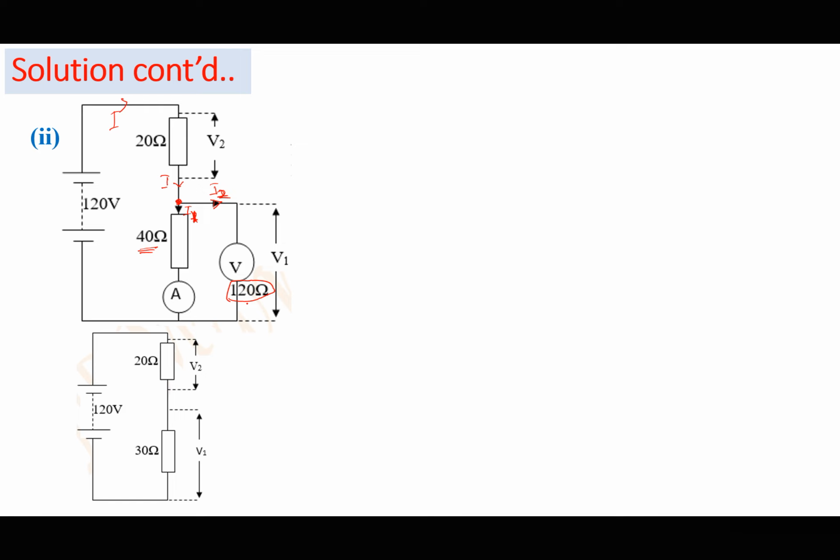Product is 40 times 120 divided by the sum, which is 40 plus 120. So these two resistors, the resistance of the voltmeter and the 40 ohms, when combined give me 30 ohms. But 30 ohms will be in series with 20, so our total resistance will be 30 plus 20, which is equal to 50 ohms.